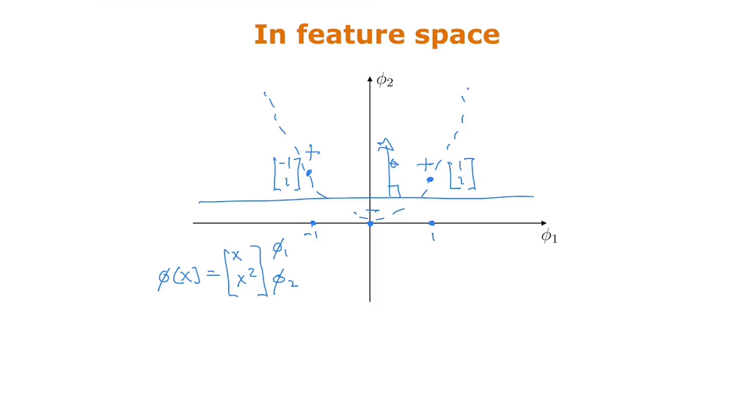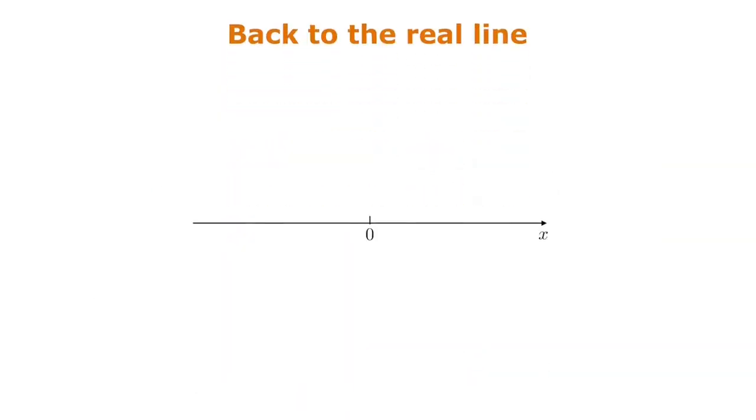Let's look at what this implies back in the original x space. Okay, so I will now mark those examples again here in the original scalar x space. We have an example at -1, 0, and 1. And this is positively labeled, negatively labeled, and positively labeled.